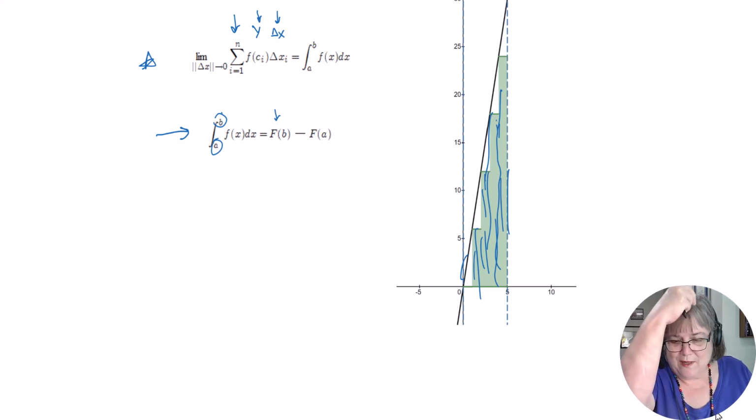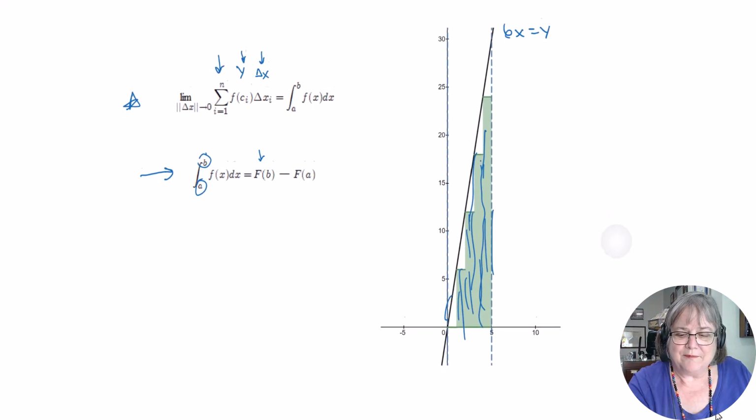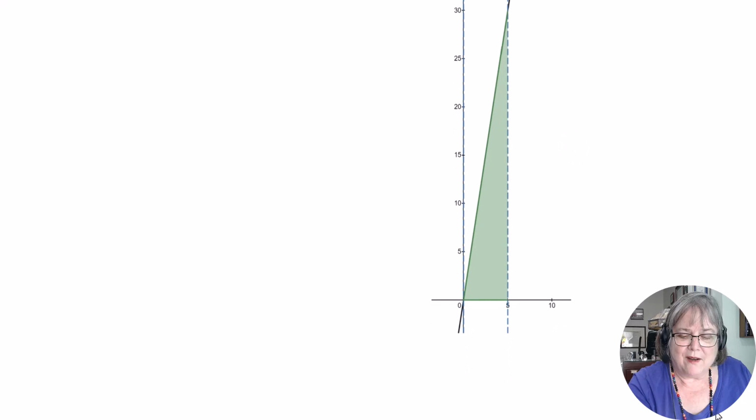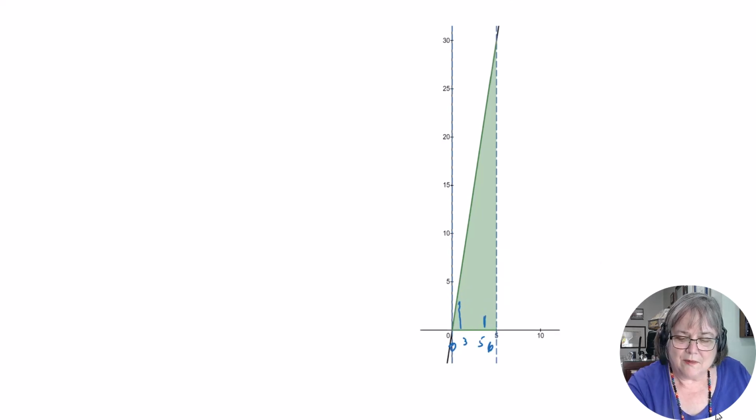If what we were trying to do is this is the y is equal to 6x line. And if what we wanted to do was to find the area, not from 0 to 6, but let's say from 3 to 5. Okay, so this would go, if I could draw a straight line, all the way up here.